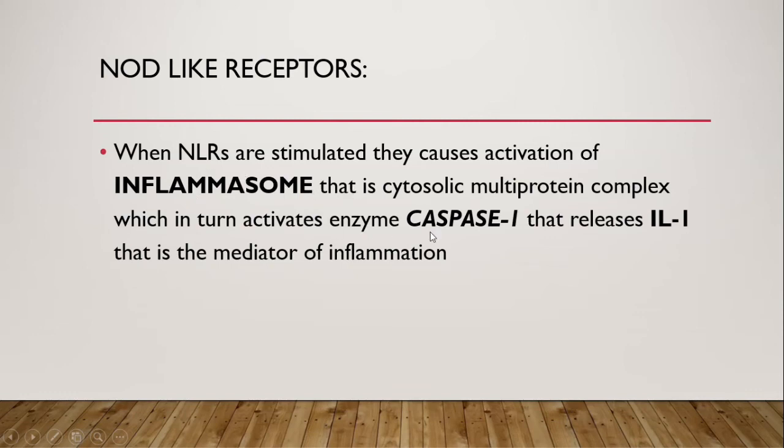That is a cytosolic multi-protein complex, a complex of proteins present in the cytosol, which in turn activates enzyme caspase 1 that releases interleukin 1, that is the mediator of inflammation. As we have discussed the inflammation process in previous lecture, we know the importance of release of interleukin 1, the major chemical mediator for the inflammation.